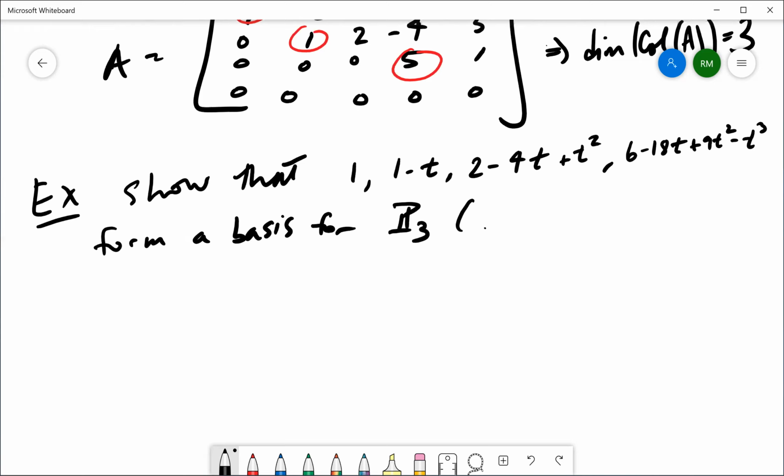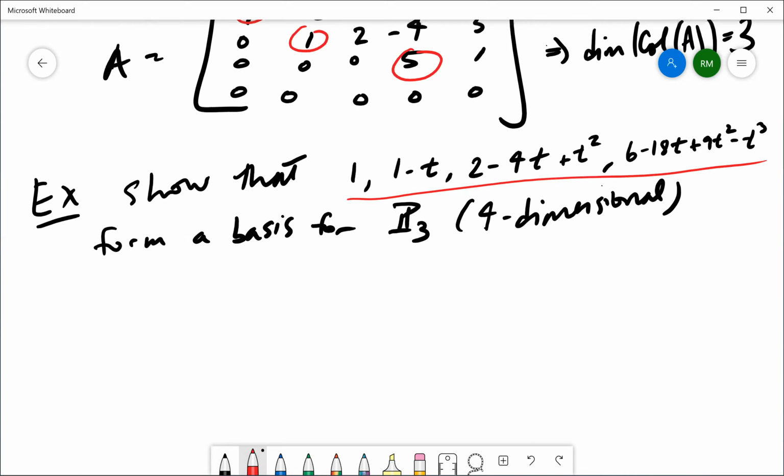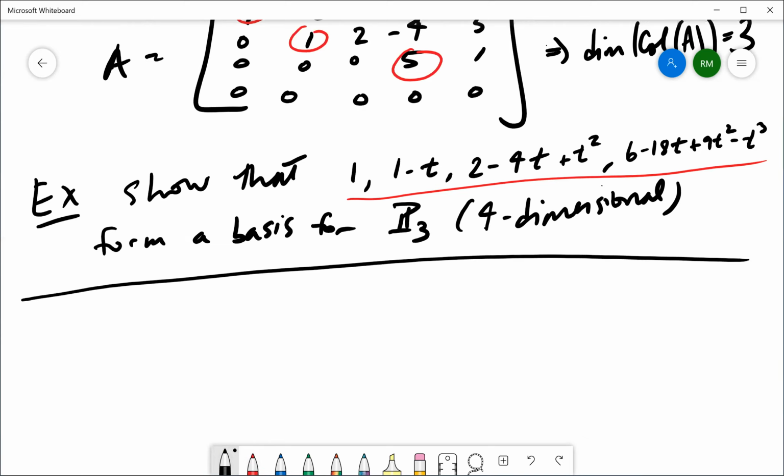We know this is 4-dimensional. So what that means is you have one of 2 options. You can either show that these 4 vectors up here are linearly independent, or show that their span is all of P3. All right. So make sure you do that in your notes.